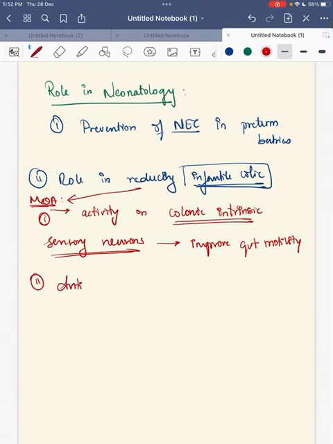Secondly, they have anti-inflammatory action, as I have told. Third, they reduce the coliform growth. These are the mechanisms by which it reduces infantile colic.